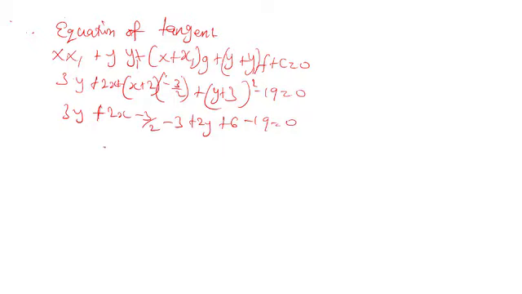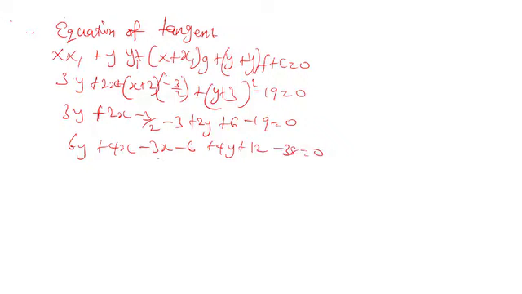The y terms are 3y and 2y, so this gives us 6y plus 4x minus 3x minus 6 plus 4y plus 12 minus 38 equals 0.